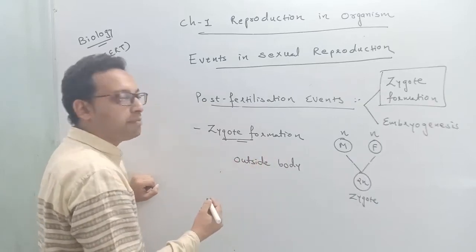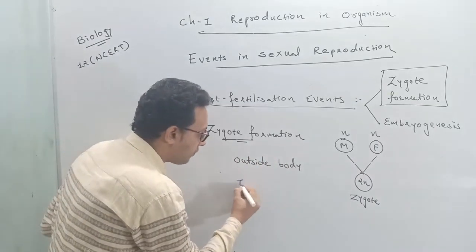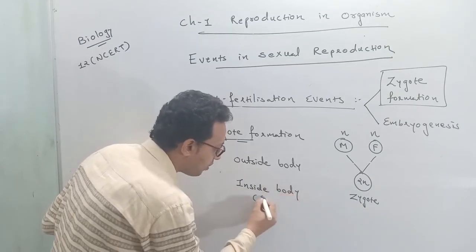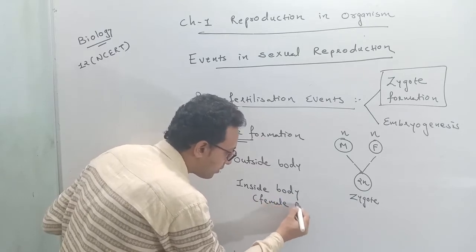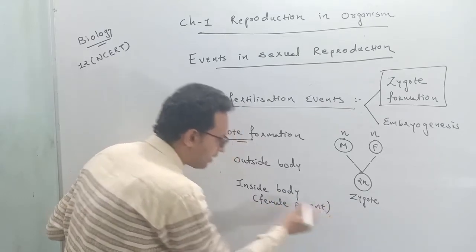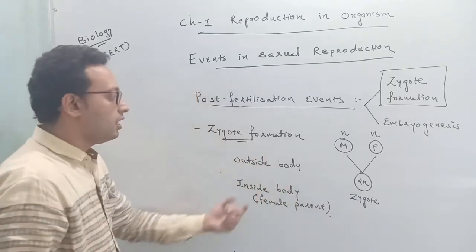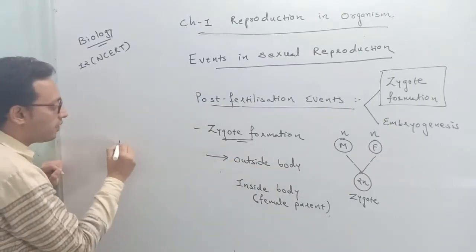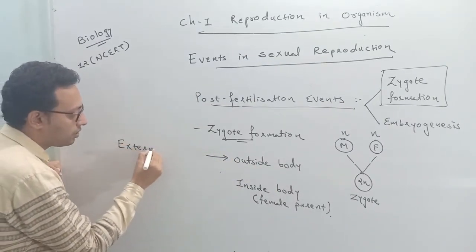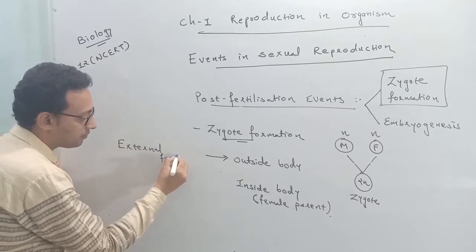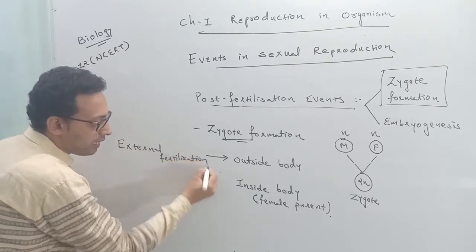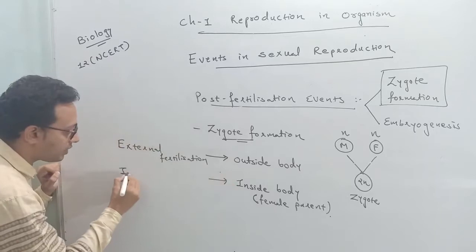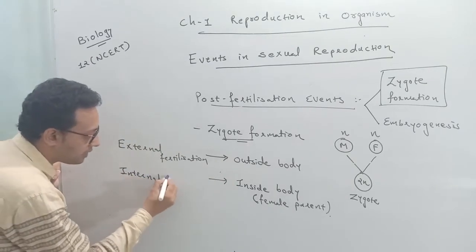Whereas there are certain organisms in which the zygote formation occurs inside the body, specifically inside the body of the female parent, because the fusion occurs in the female parent. Where a zygote is formed outside the body, these are the cases of external fertilization. And where a zygote is formed inside the body, these are the organisms where internal fertilization takes place.